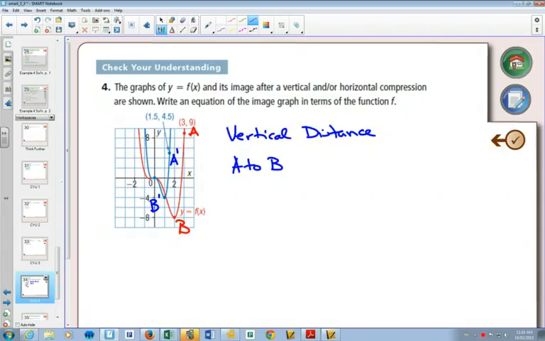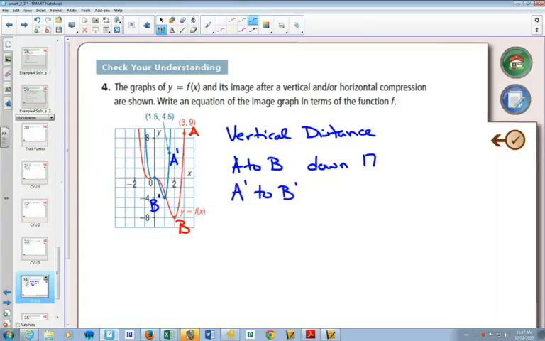Is that where it is? That looks like it's going down 17. You can write it as down 17 or -17. But it makes sense that my distance from A to B is 17. And then if I look at what happens with my vertical distance when I go from A prime to B prime, well, I'm still going to be going down.